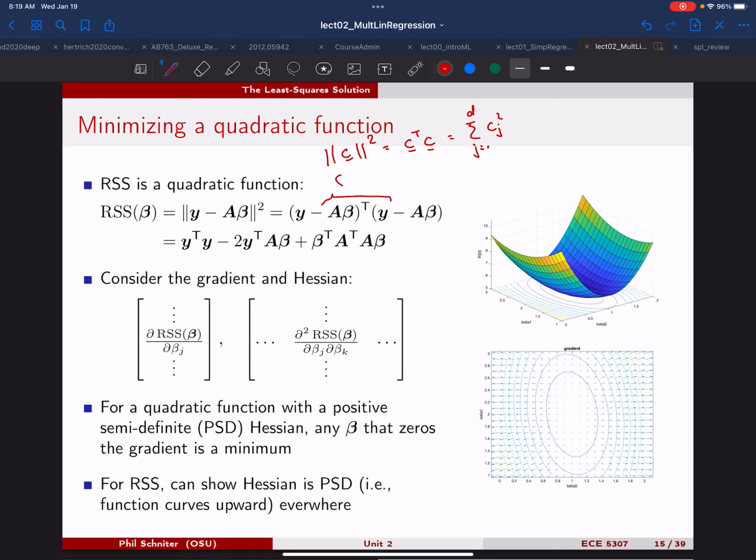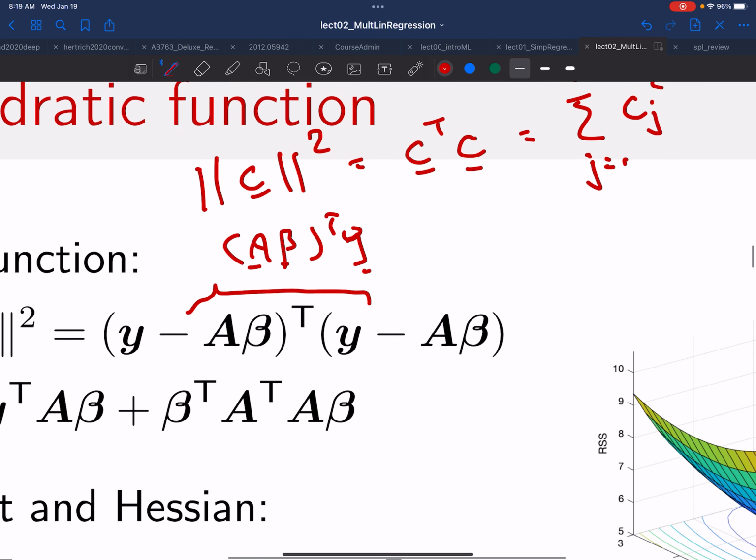So I have AB transpose Y. If you remember, the way you apply transposes is you reverse the order and transpose the individual terms. So this gives us beta transpose times A transpose times Y, and we also have a minus.